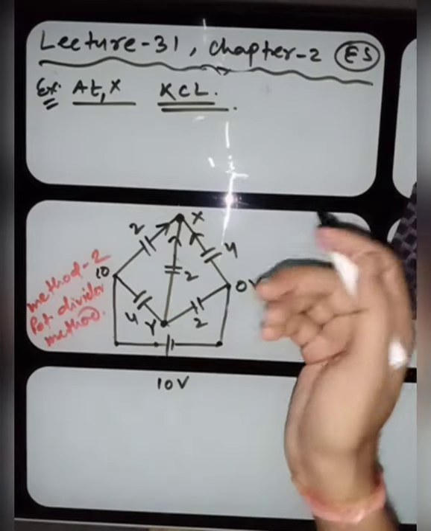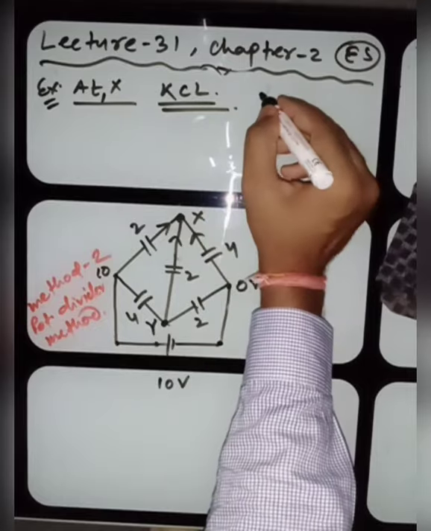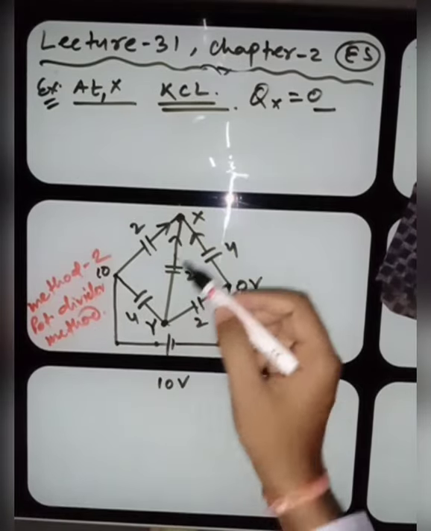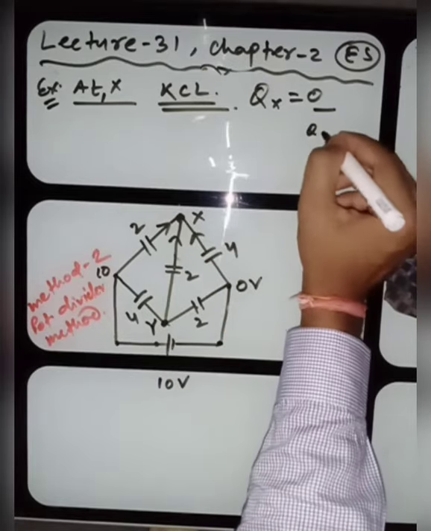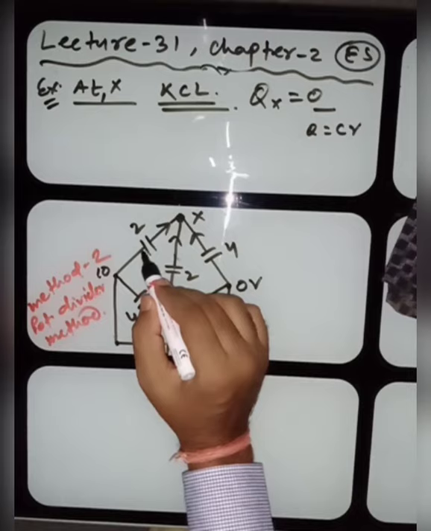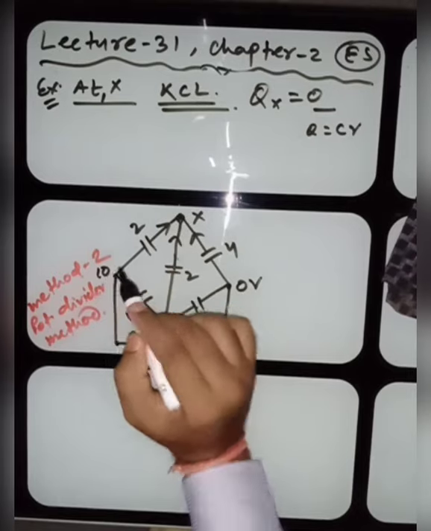Suppose X is at high potential. What will be the net charge at X? According to this law, the net charge at X should be how much? 0. So what will be the charge? As we know, Q equals CV. So at this point the Q will be C into V. And what will be the potential here? The potential across this capacitor will be X minus 10.